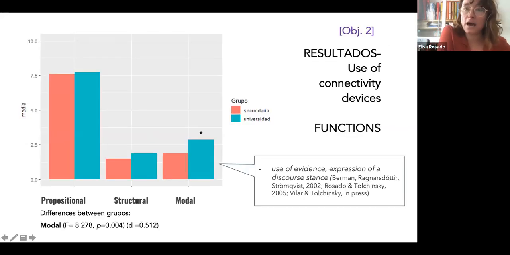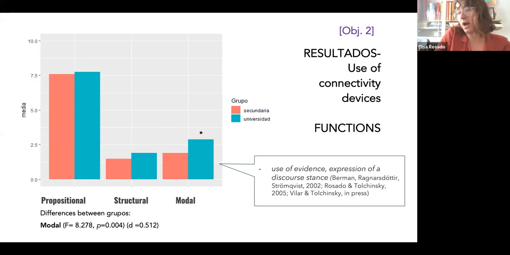However, if we look at the functions, we see that in order to express relations at the propositional level, or in order to organize and structure the text, there are no differences between age groups. But the differences arise when modal markers are concerned, which, and we were very happy about this result, I must say, are the ones that allow the writer to express their stance, their perspective, the opinion on the topic they were discussing.